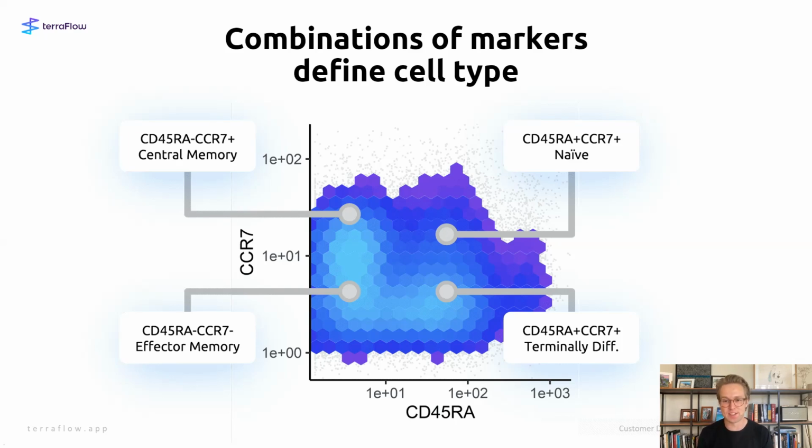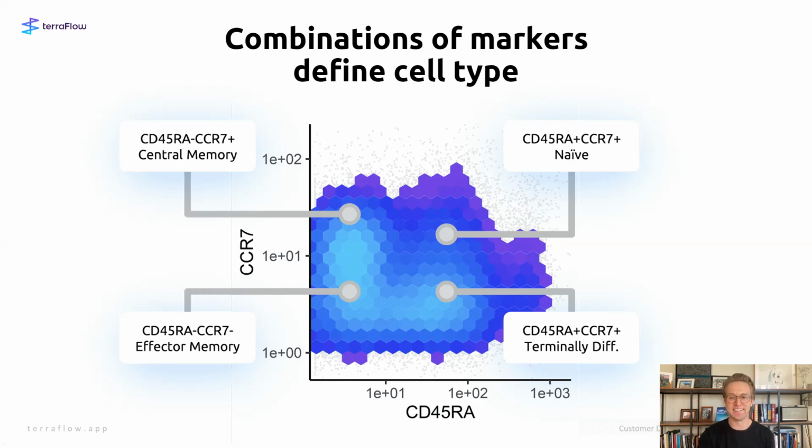So for example, here's a classic plot where we take CD45RA and CCR7, and using this, we can identify central memory T cells, effector memory T cells, naive T cells, and so forth, because these pluses and minuses mean something to us biologically.